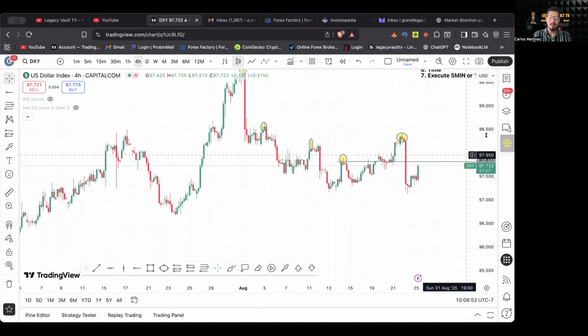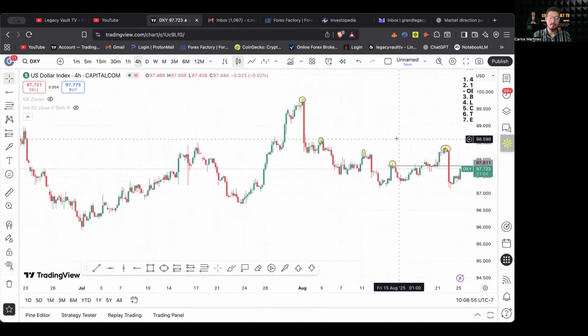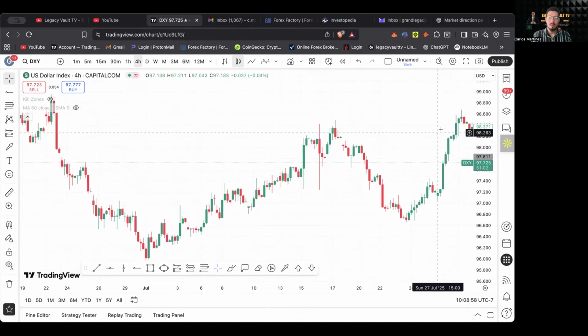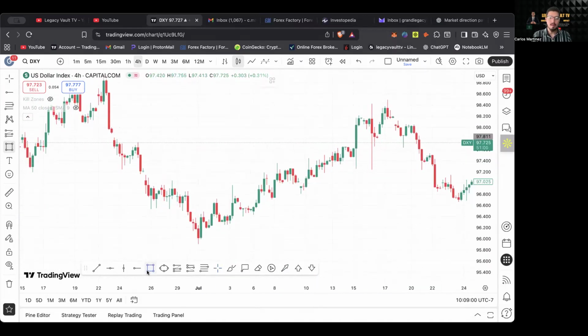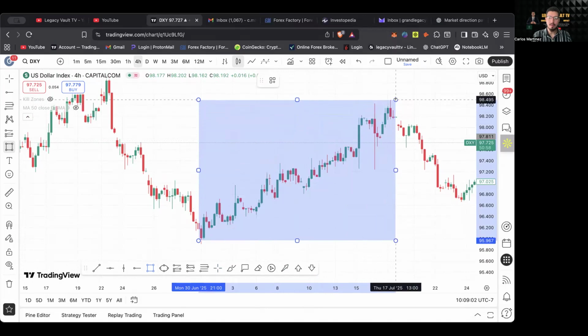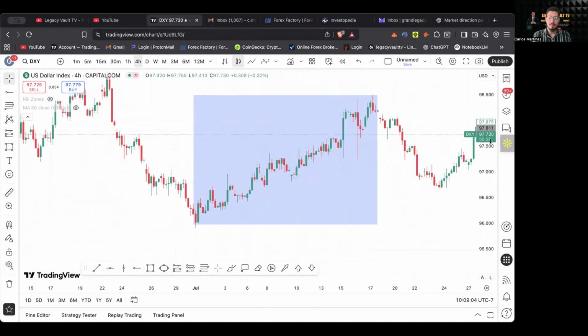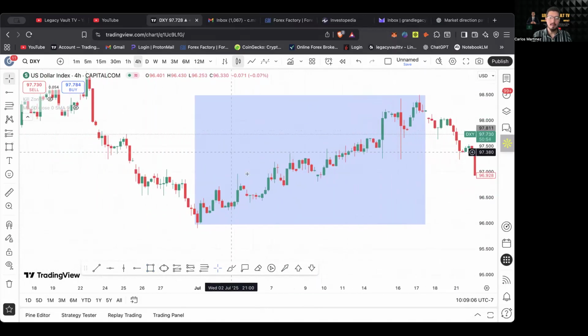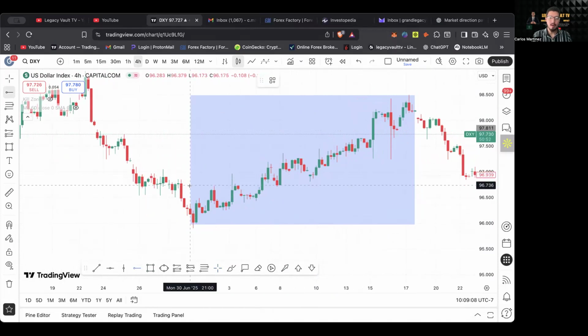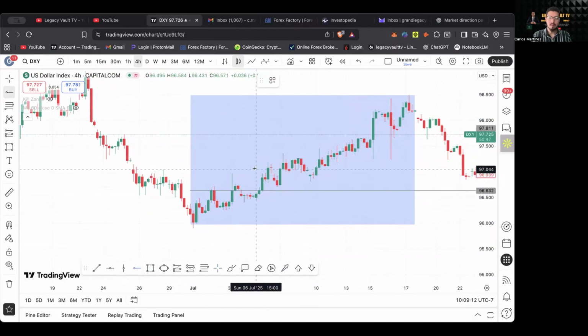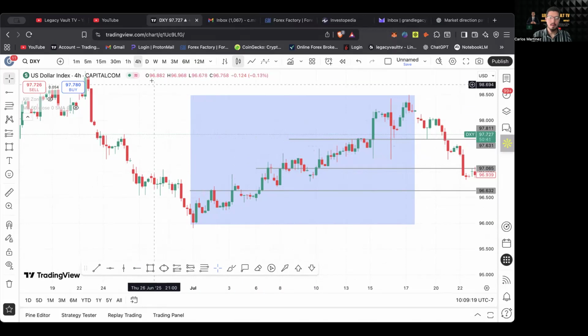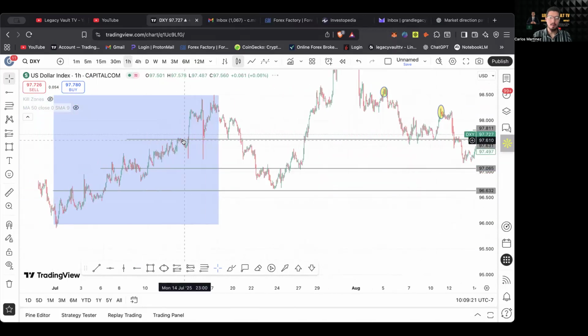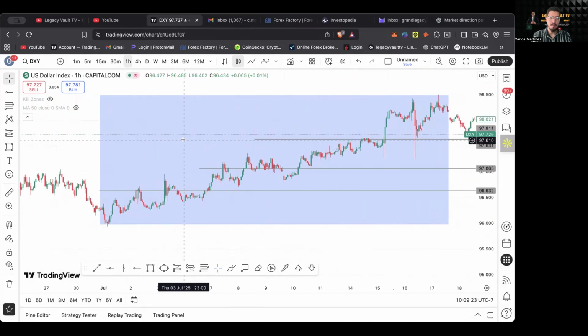And let's see here. Let's look at another example. When we look at this area here, this section right here, this is a good example of price breaking structure. You can look at the 1 hour to make it more clear.